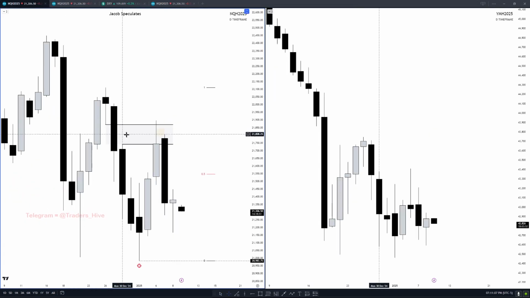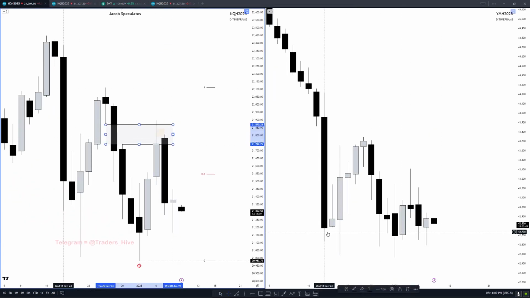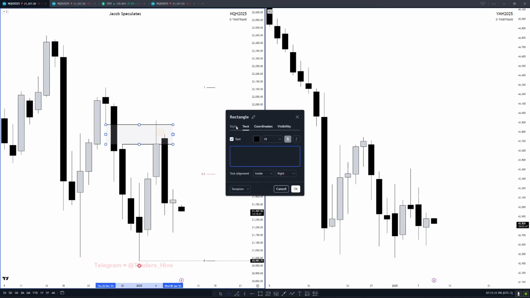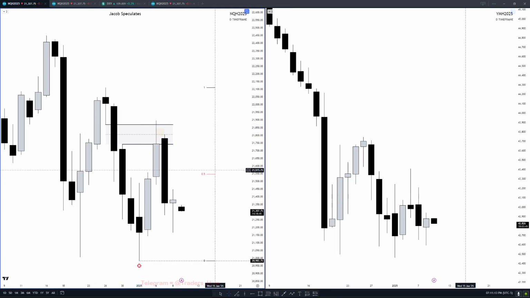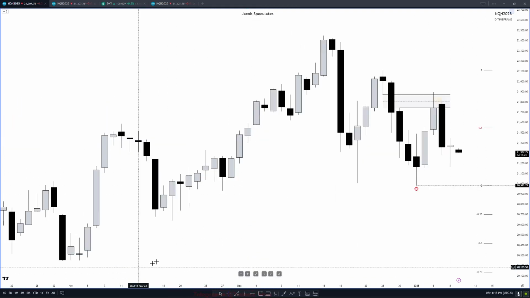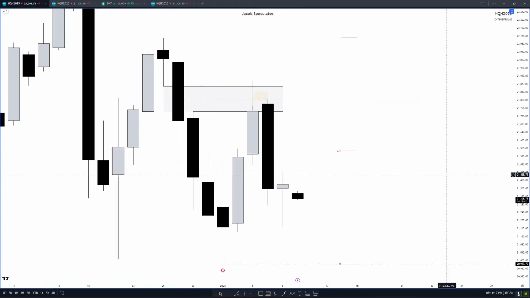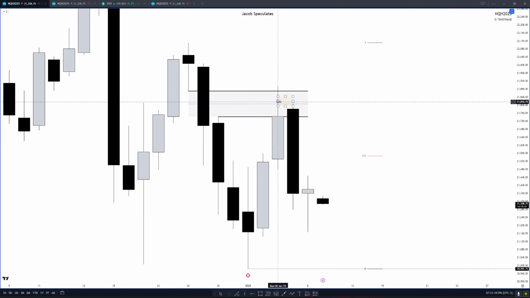So another little trick is, if we turn on the midpoint of that fair value gap that was outlined, you guys can see that body closed below that midpoint.